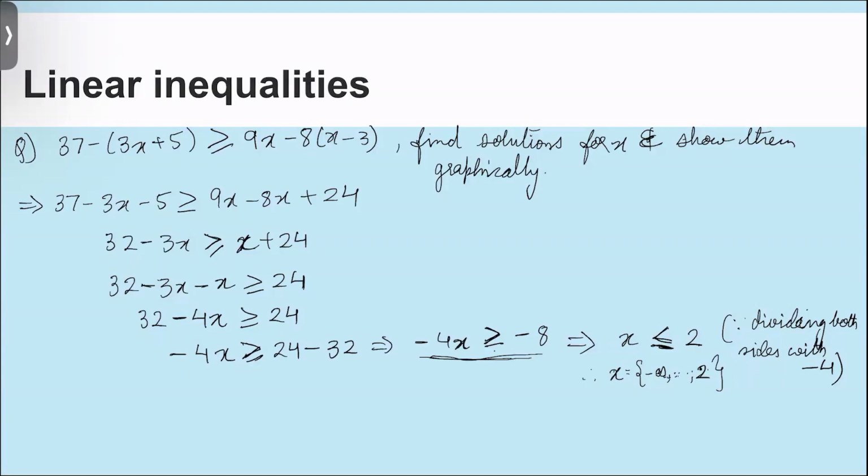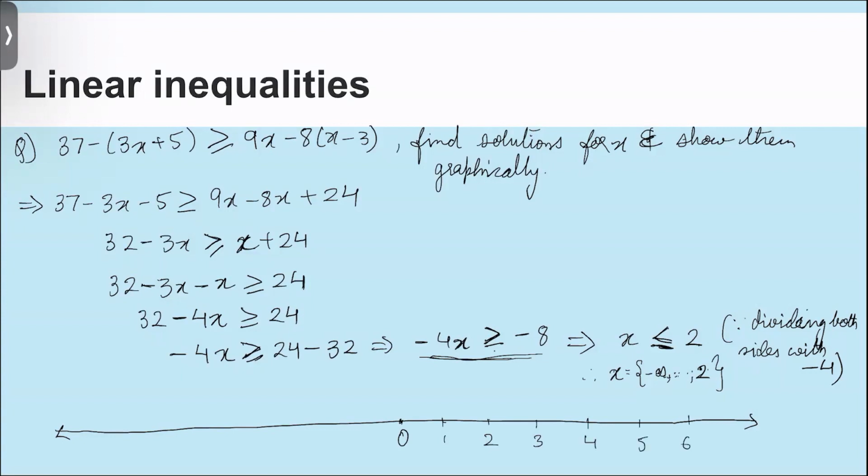So now, when we have to represent it on the number line, we have 0, 1, 2, 3, 4, 5, 6, minus 1, minus 2, minus 3, minus 4, minus 5, minus 6.